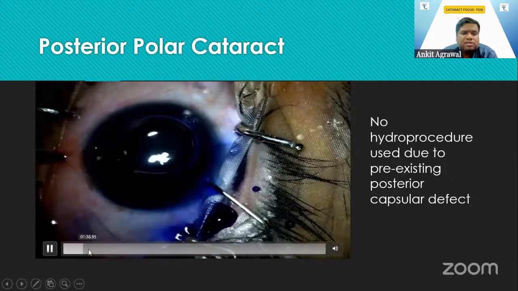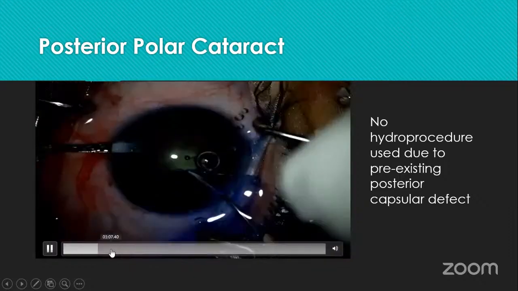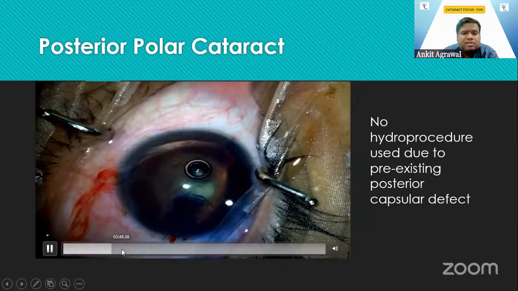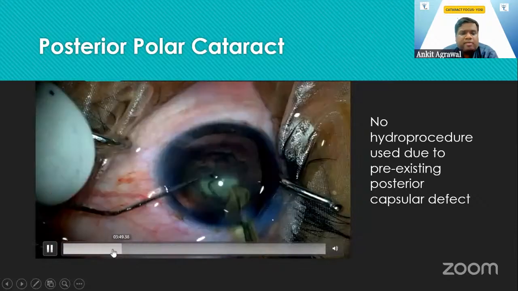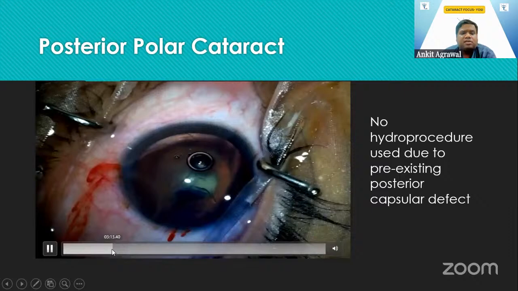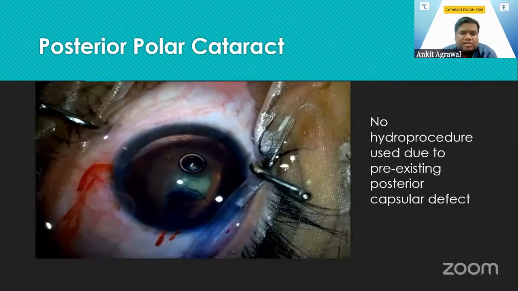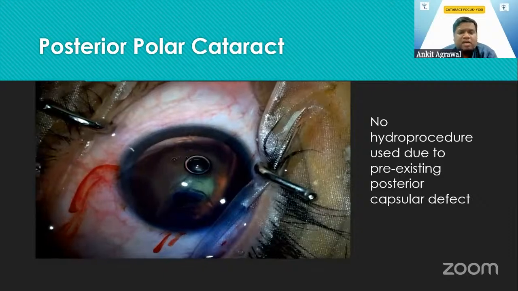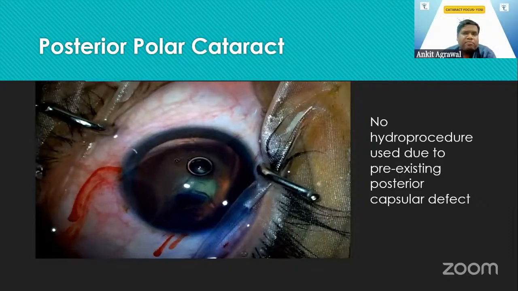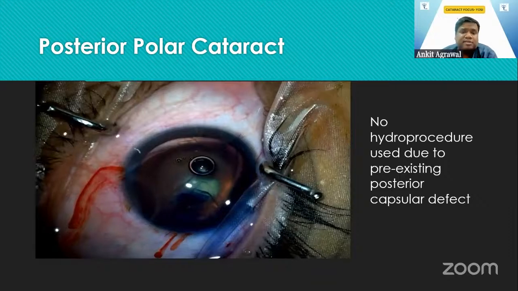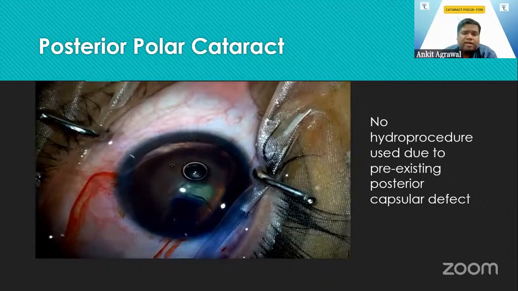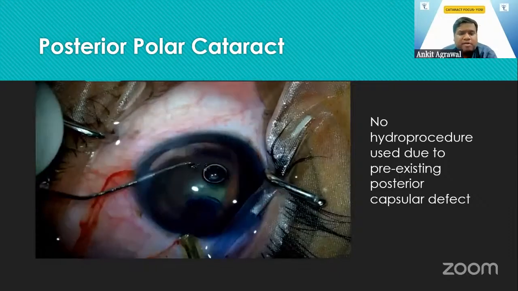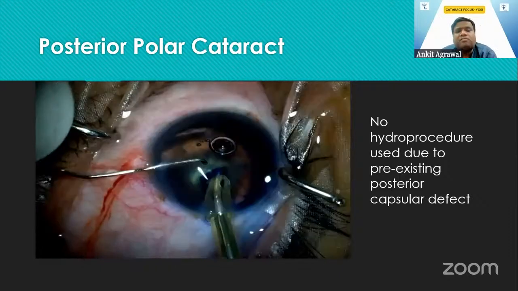First, just staining the anterior capsule. After doing the rhexis, without doing hydrodissection, I just started my phaco at very low parameters. My bottle height was around 25 or 30 centimeters, and I was doing aspiration at 100 vacuum and aspiration flow at 10 or so. Just trying to aspirate whatever I can using minimal power and minimal fluidics.